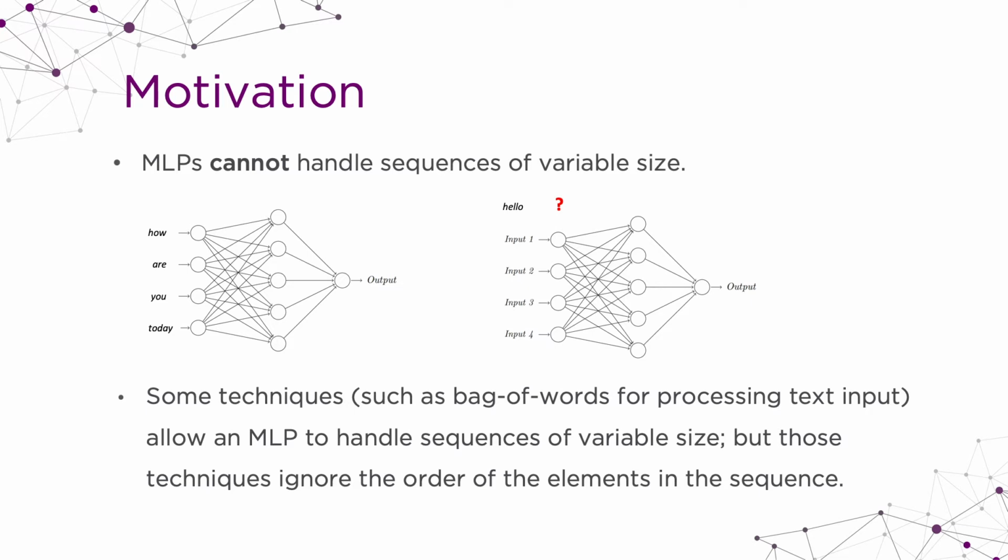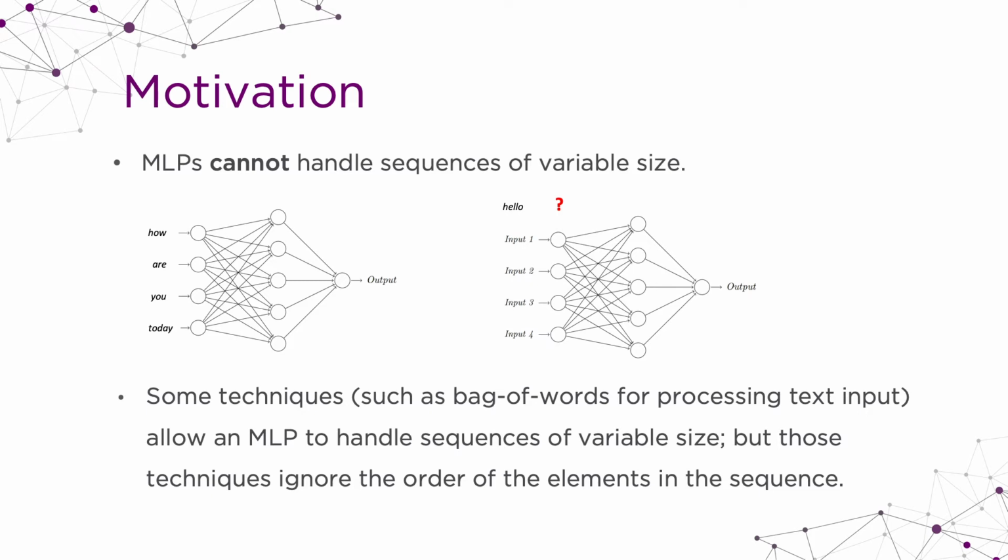The intuition for this comes from day number 2, when you saw that every layer is basically represented by a matrix of parameters. This matrix tells me how many inputs I have and how many outputs I have. And obviously, the dimension of this matrix is fixed, so I cannot change that on the fly. So you see why an MLP cannot work in this particular way.